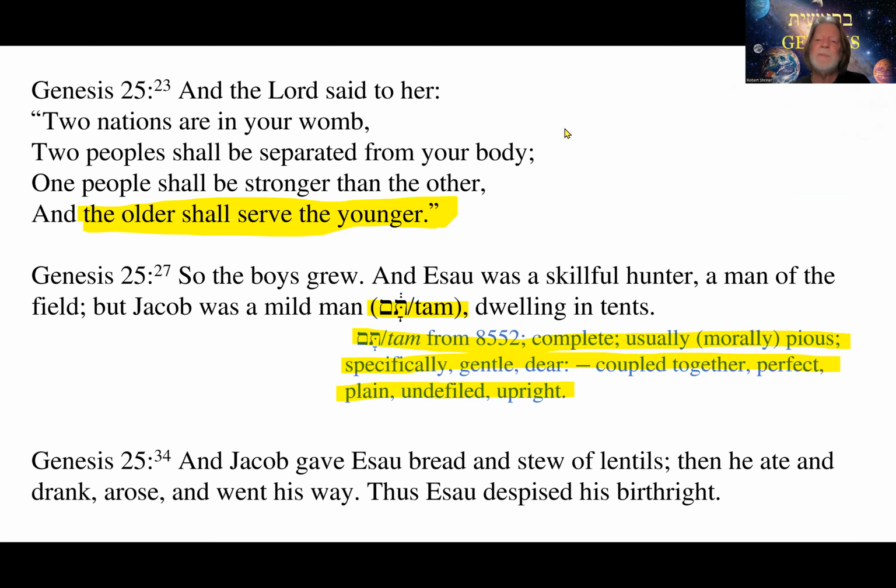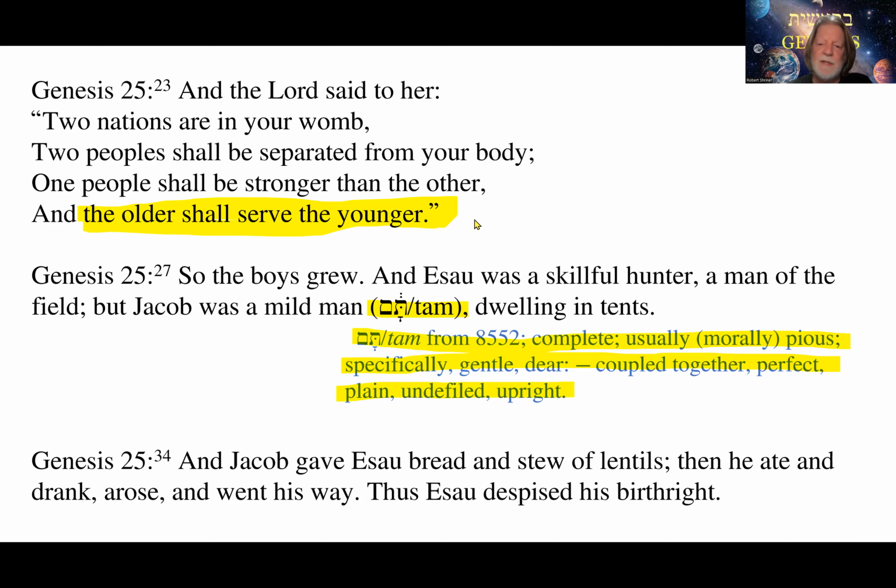I have spent some time using some scriptural evidence to see if Jacob is not the dirty rat that I always thought he was, because the Bible calls him a tam, which is kind of a righteous, a moral, a pious, and devout man, undefiled and upright, which kind of flies in the face of everything that I have learned about Yaakov.